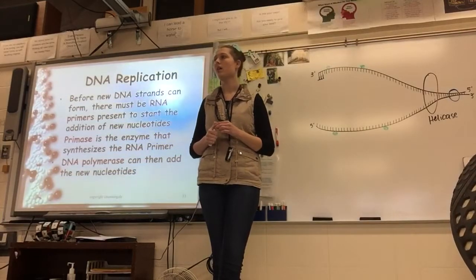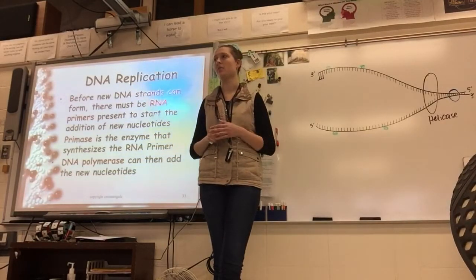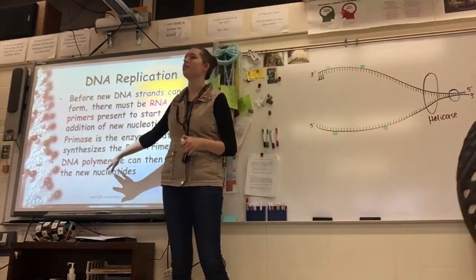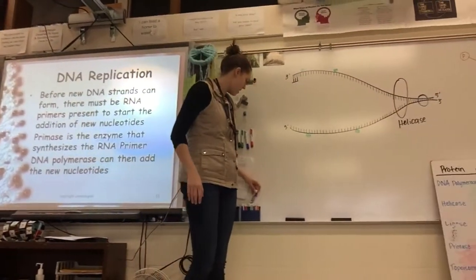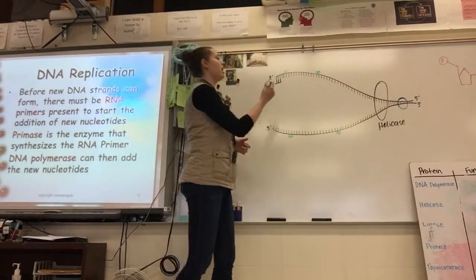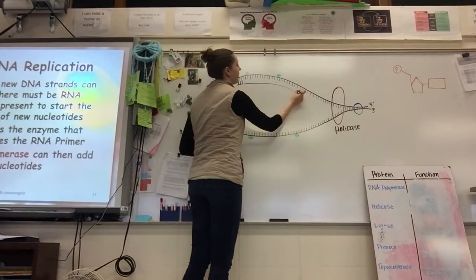From there, we can start adding on some of our DNA nucleotides. So this DNA polymerase is then going to start adding on nucleotides, and it's going to start forming down the line.